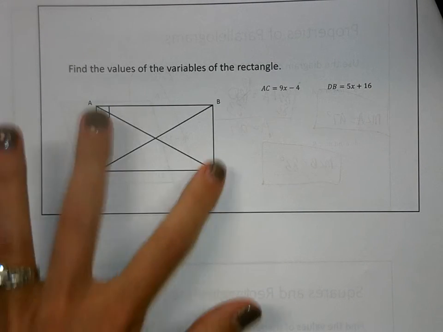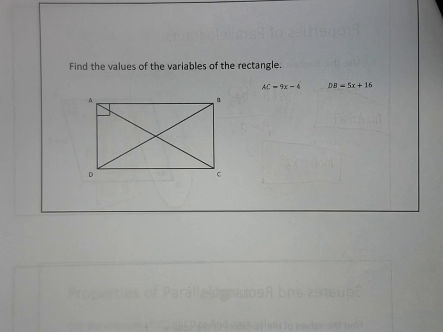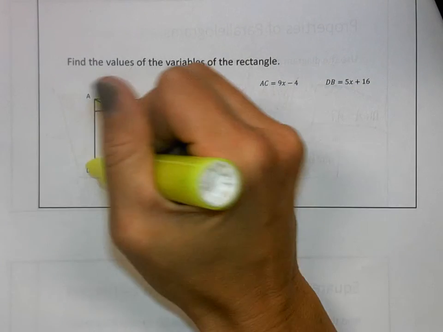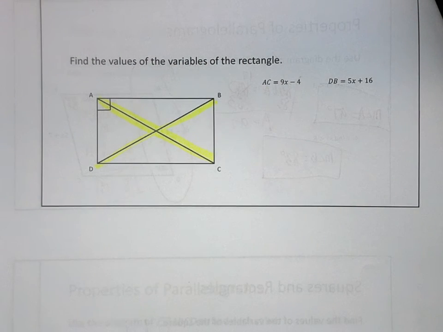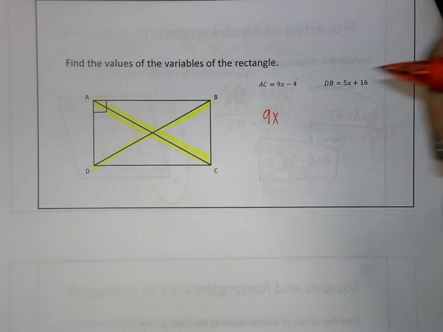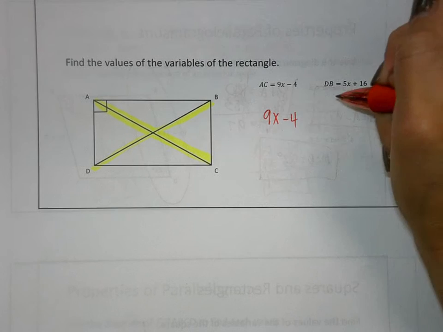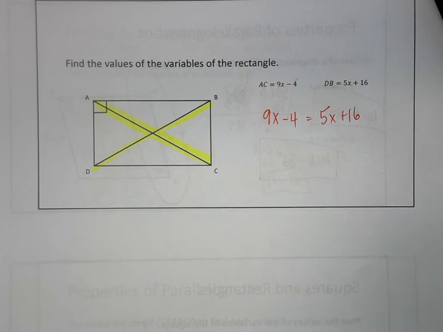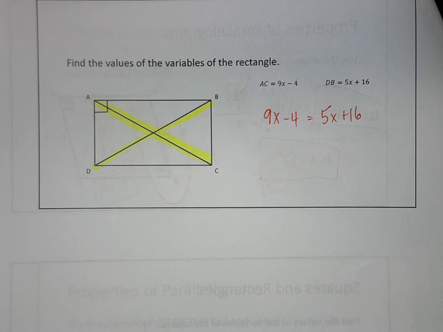AC is a diagonal, and then DB right here is the other diagonal. What do we know about diagonals in a rectangle? Very good. So you should set up your equation and solve and show me on your fingers what your answer is. But then I want you to plug that answer in to actually tell me what the diagonal values are.